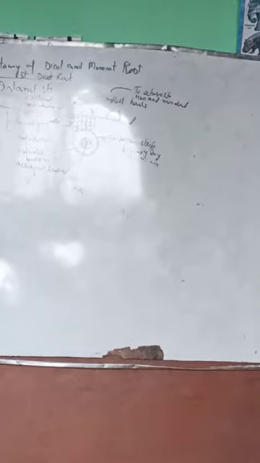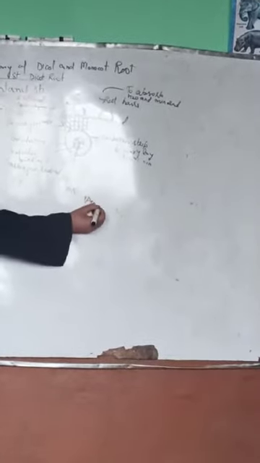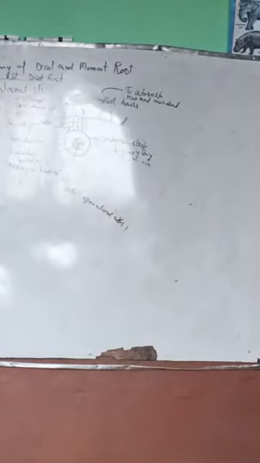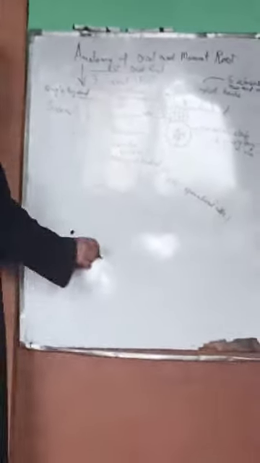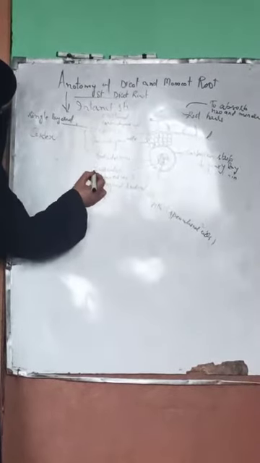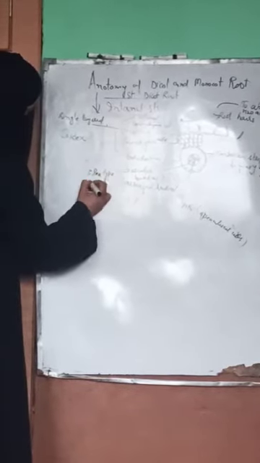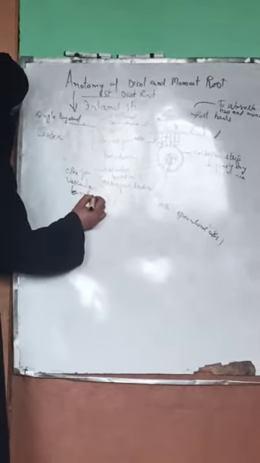This pith has some specialized cells. Then we know that these vascular bundles are radially arranged and they have cambium, so we can say these are open type vascular bundles.